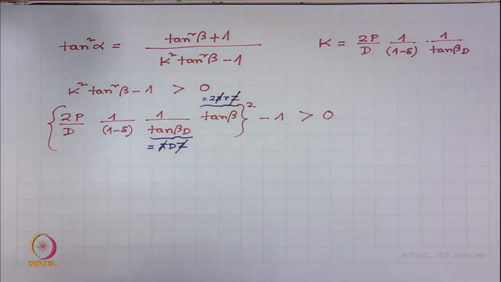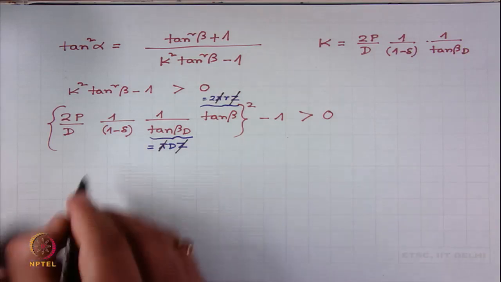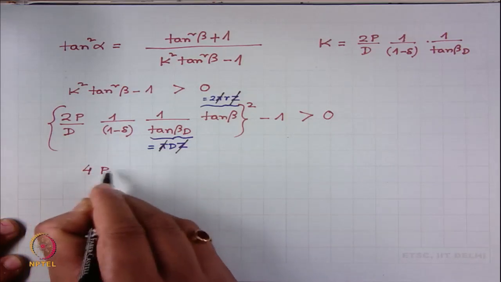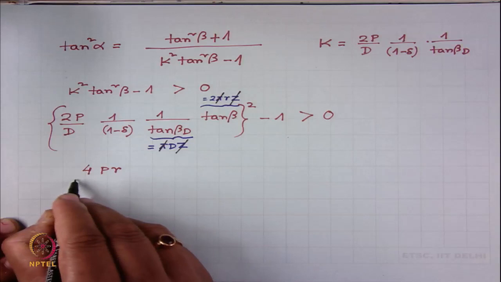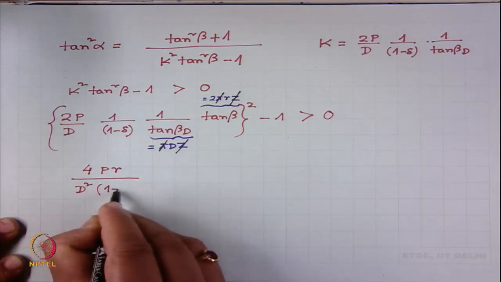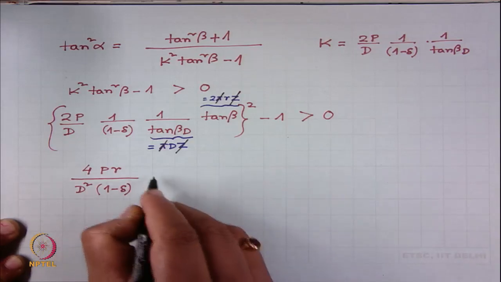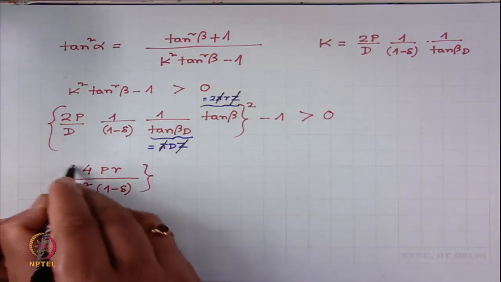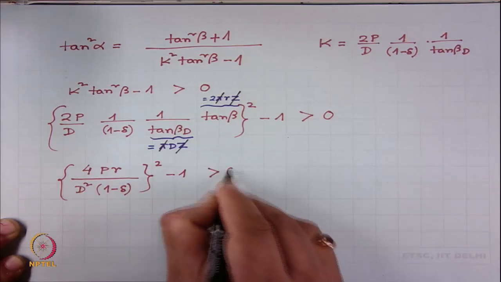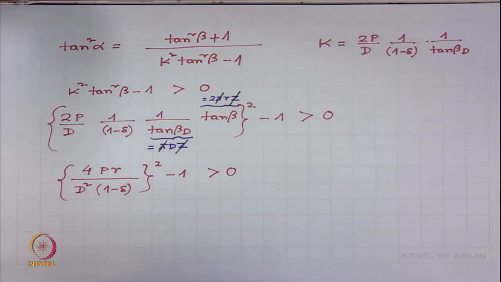What we are left with is 4 p r by d square, 1 minus retraction, minus 1 greater than 0, right.